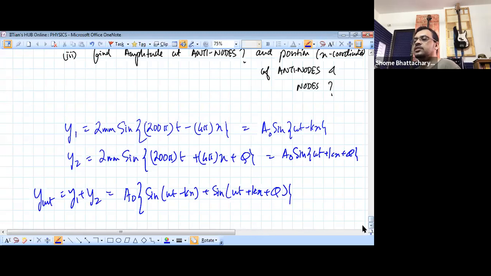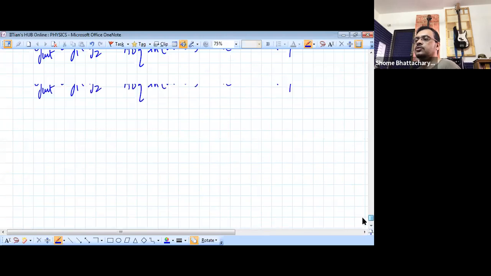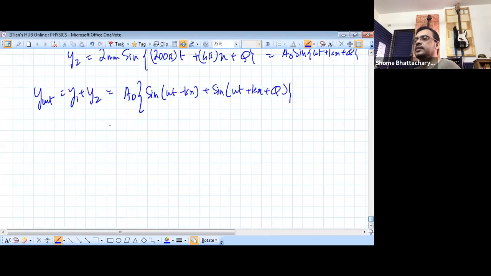So now you do the same process, but remember that there's that additional phi now, which we had earlier taken to be 0 by default, but here it's not that case. So this will become 2 sine (a plus b) by 2, so that will become omega t plus phi by 2, and cos (a minus b) by 2, so that will become kx plus phi by 2.